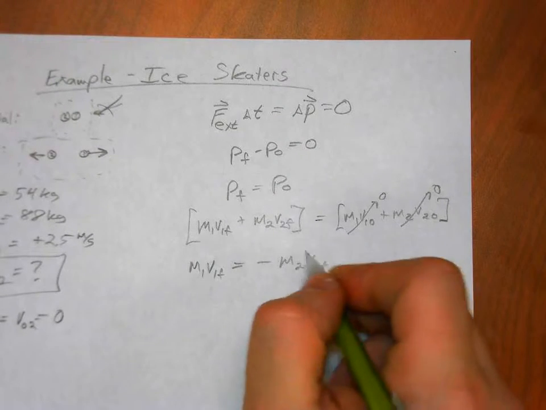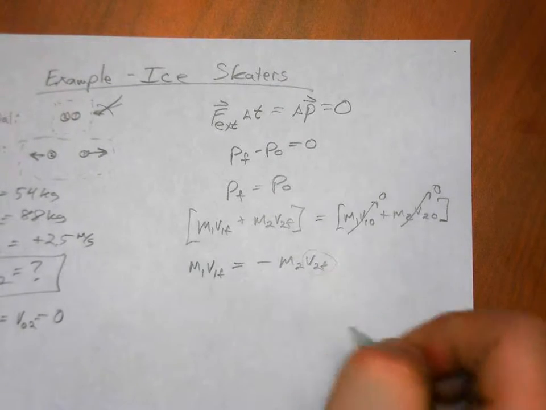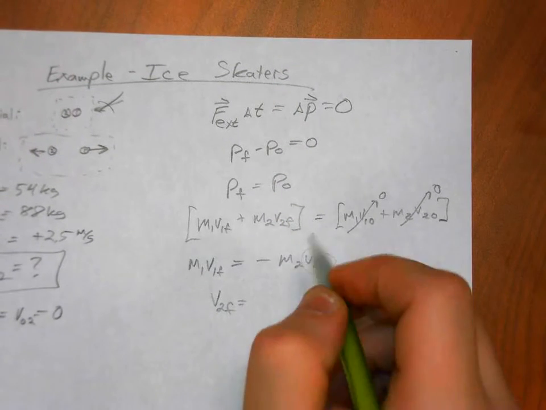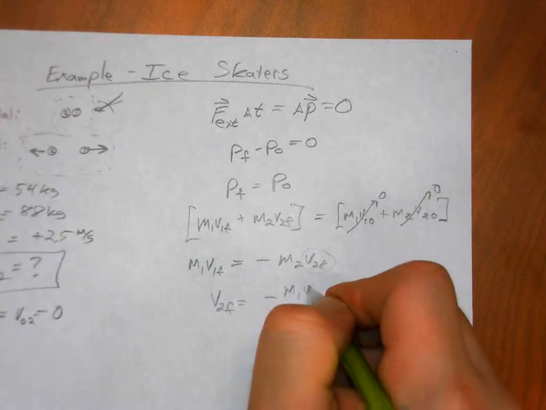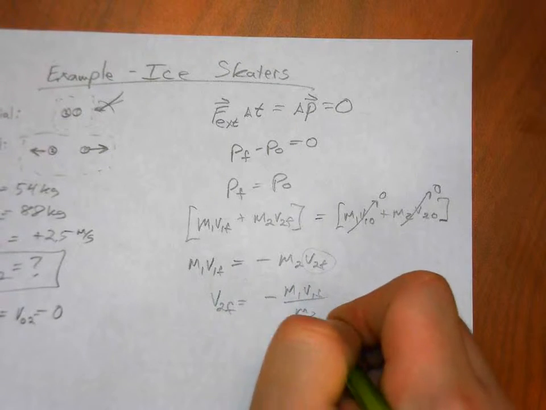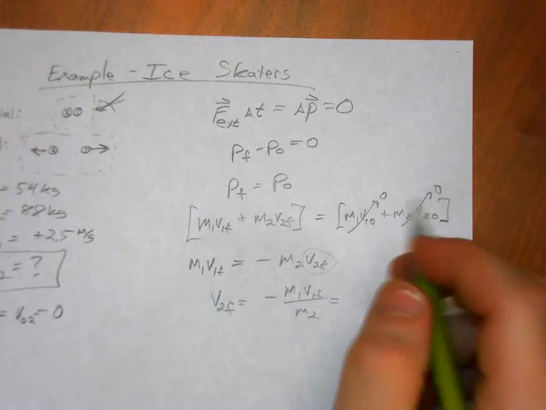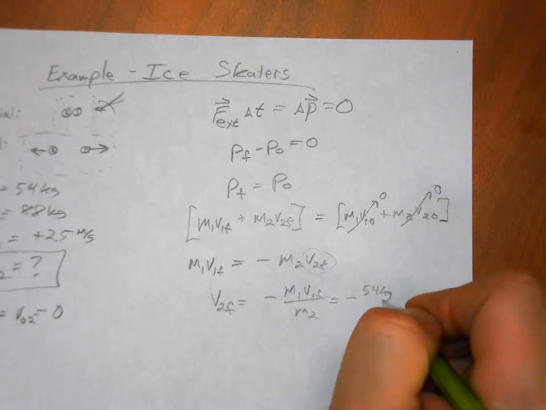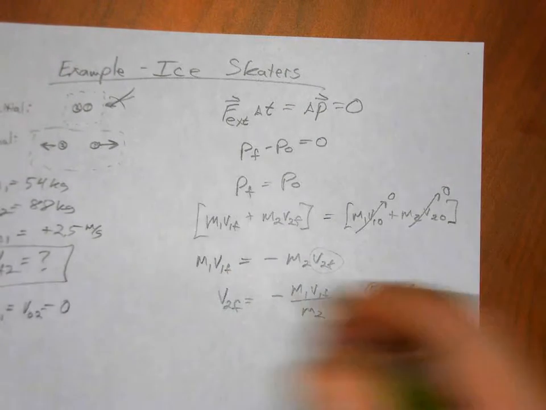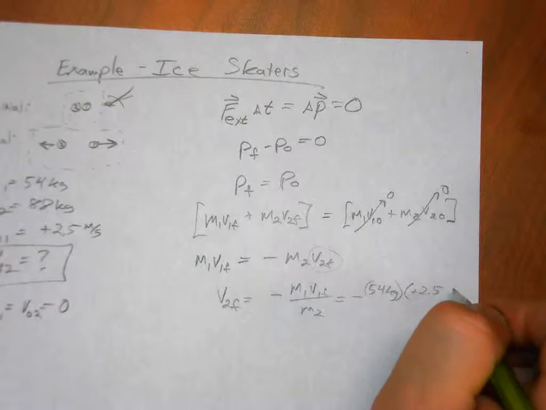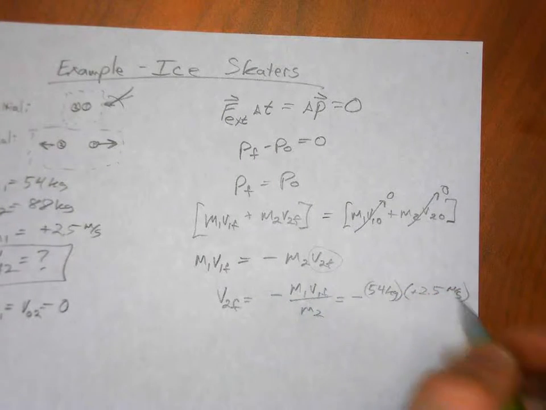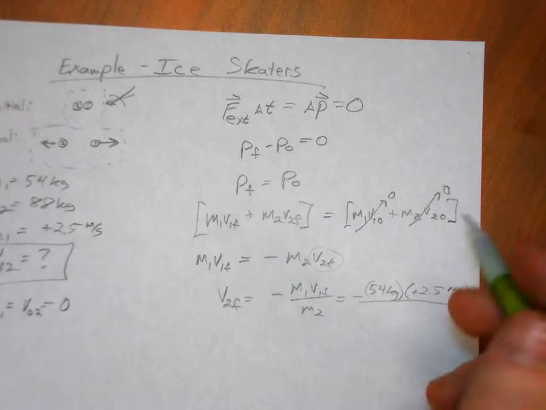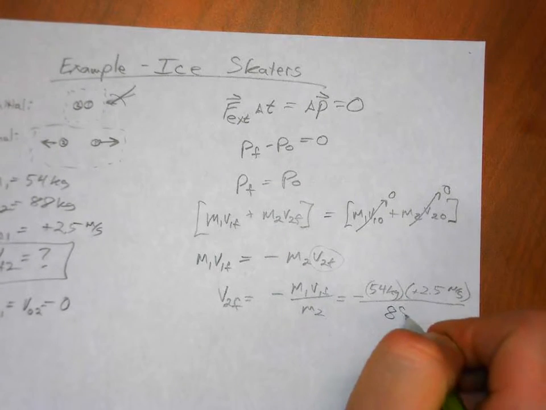We are solving for this, so we'll divide each side by negative M2, and V2 final equals negative M1 V1 final over M2, which equals negative 54 kilograms times 2.5 meters per second. That's positive, and so we'd say that's in the direction to the right where we normally define positive motion.